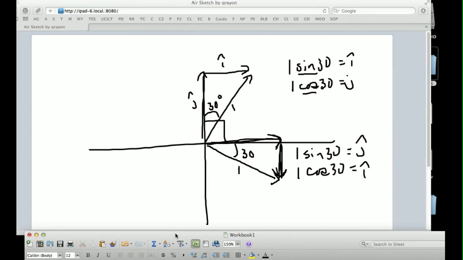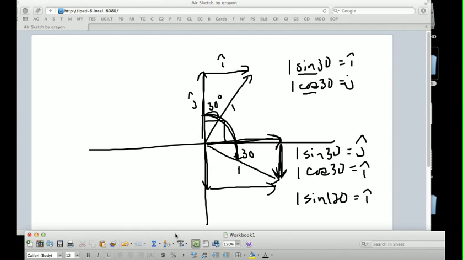Okay, but remember this angle all the way down to there is actually 120. So if you take 1 times the sine of 120, that actually gives you the i hat. Okay, so really what you're doing is you're taking the sine of 120 all the way down to here, and this is what you're really doing.